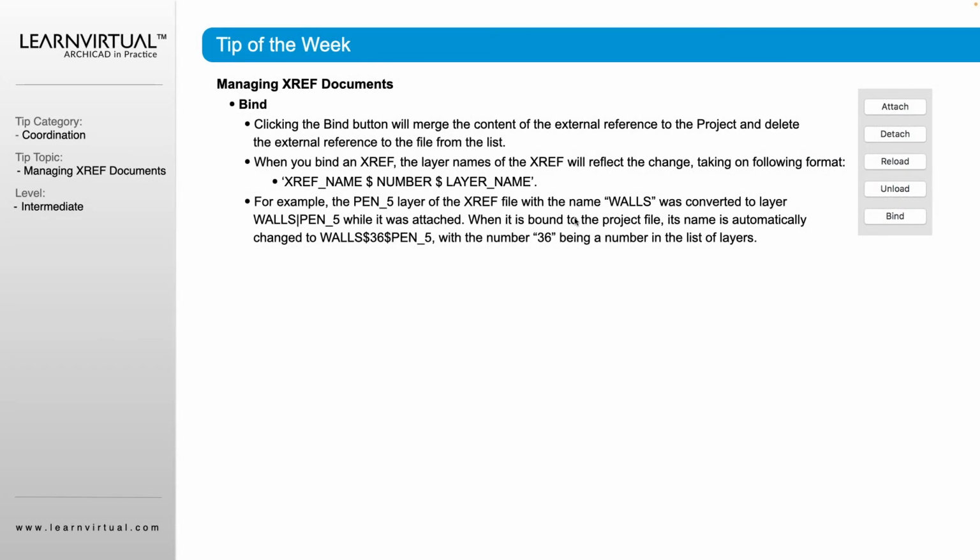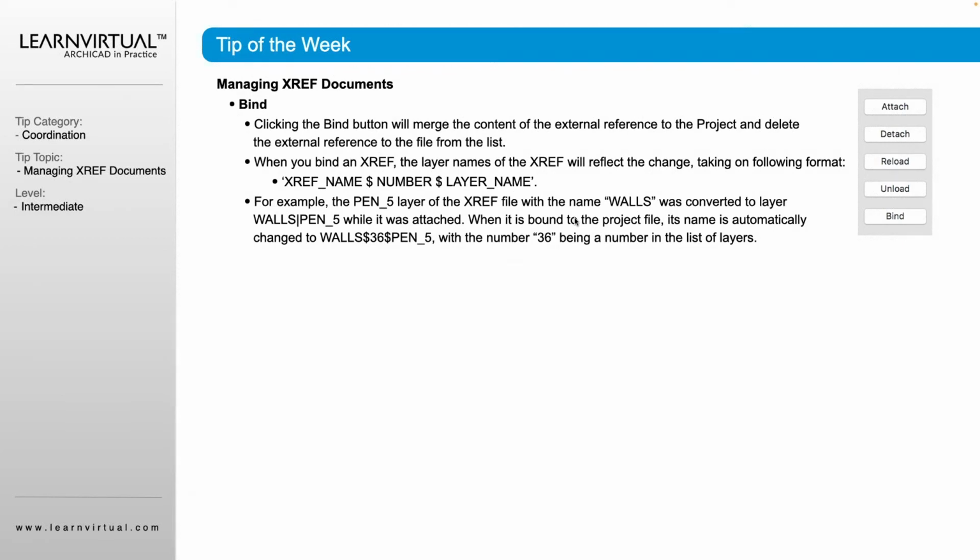So when we might choose to bind an XREF document, what that's doing is making it a permanent part of your project. Okay, it's binding the two together. So you will end up with some pollution, some trash files, some trash pens, everything that you're binding to, everything that is attached to that XREF is going to create its own system, its own name.